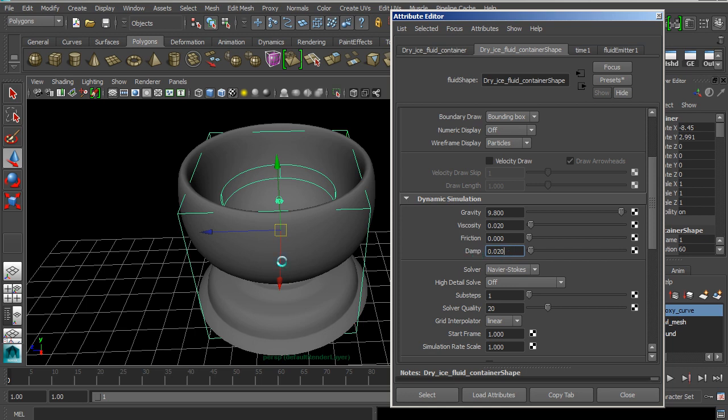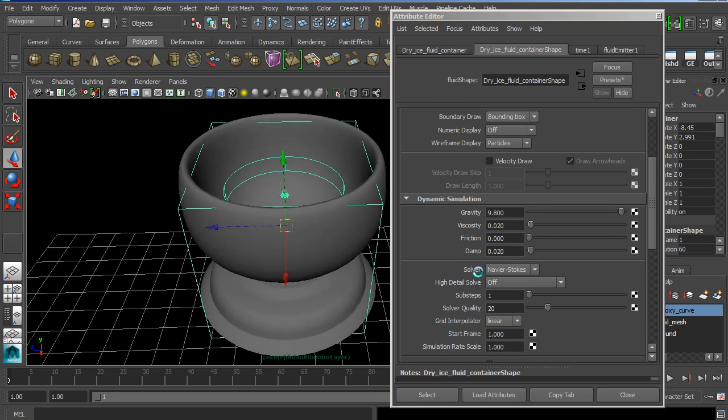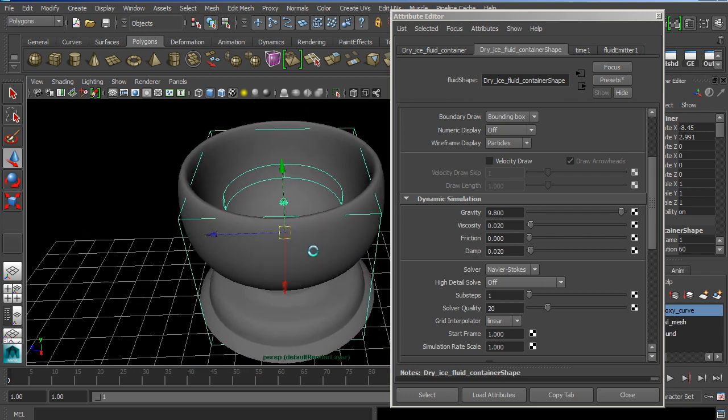So I'm going to use the damp so that every frame it brings down the velocity of our moving fluids by a decrement value of 0.020. All right, now the solver is set to Navier-Stokes, which is perfect for simulating gas and this kind of effects. For high detail solve, I like to go for all grids.